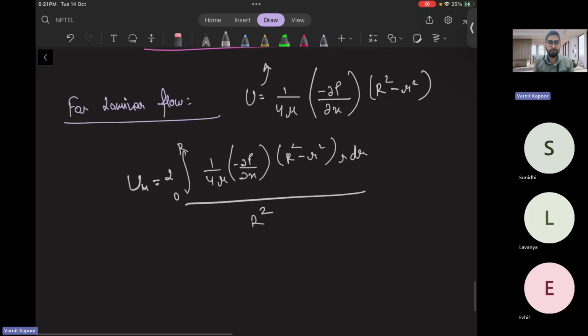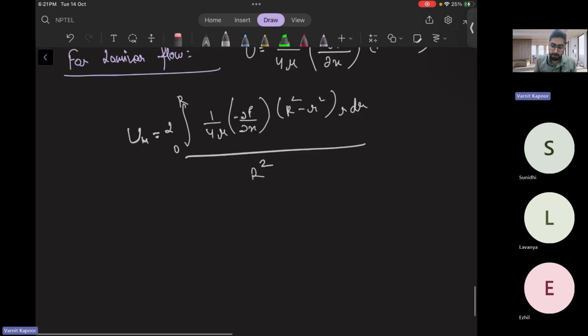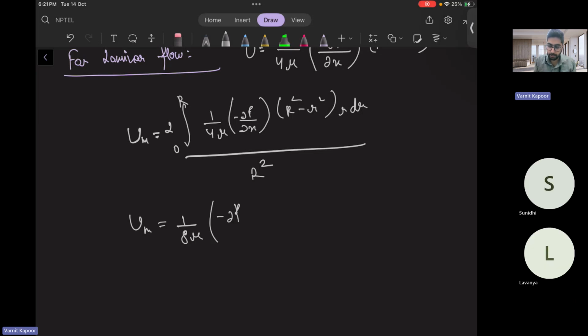From here, you will get the mean velocity through a pipe flow. So u mean will come out to be, after solving the integration, 1 by 8 mu into minus dp by dx into capital R square. This is a very important relation, your mean velocity. How can you bifurcate it?